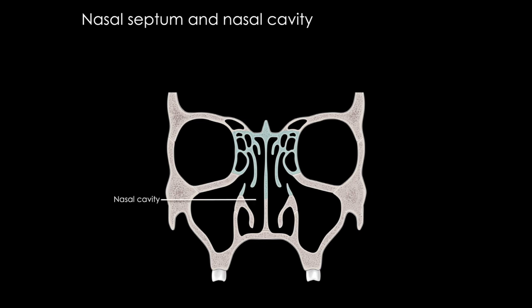It communicates with the external environment via the anterior apertures, aka the nares, and the nasopharynx via the posterior apertures, or choanae. This cavity is divided into two separate cavities by the nasal septum, and it's kept open, or patent, by a bone and cartilaginous framework. Each cavity consists of a roof, floor, medial wall, and lateral wall.